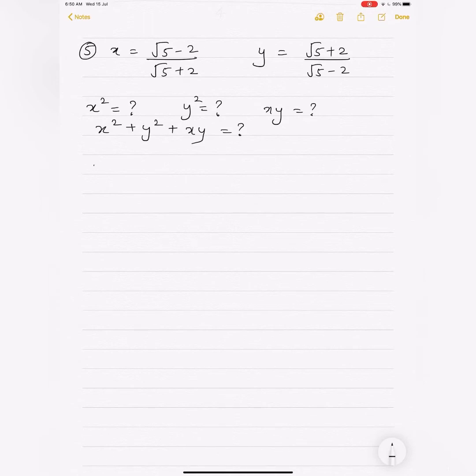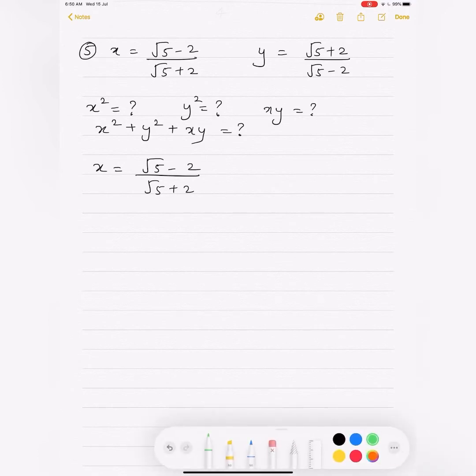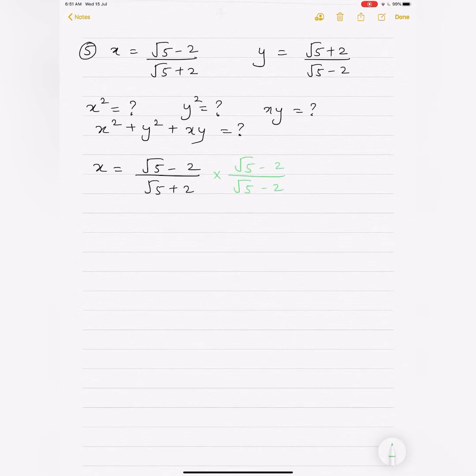Before we start with x squared, we'll first rationalize x, root 5 minus 2 upon root 5 plus 2. Now how are we going to rationalize it? By multiplying with root 5 minus 2 upon root 5 minus 2. Now when you do this, what will we get?